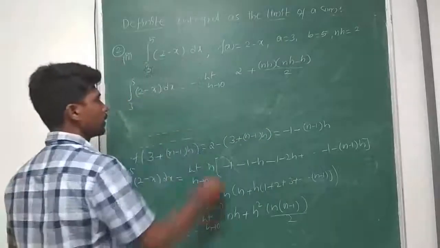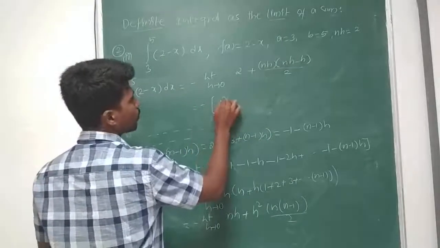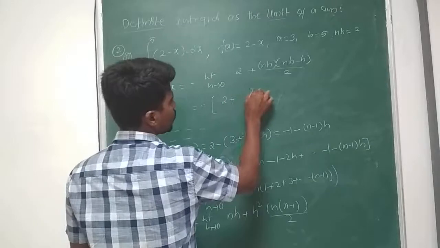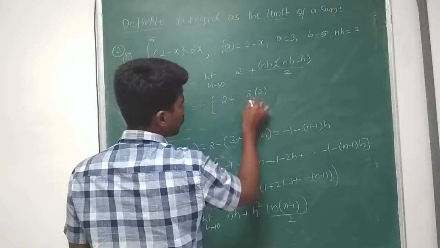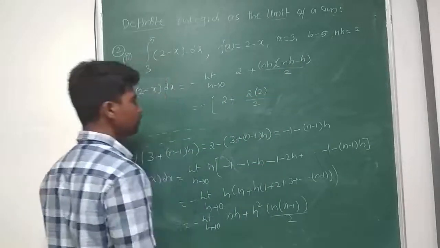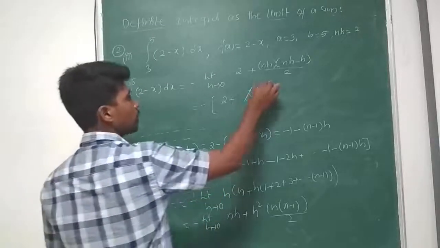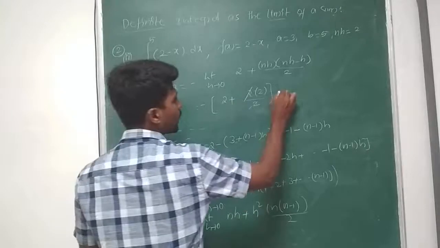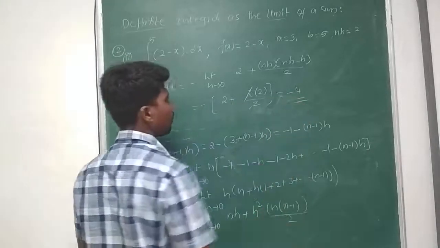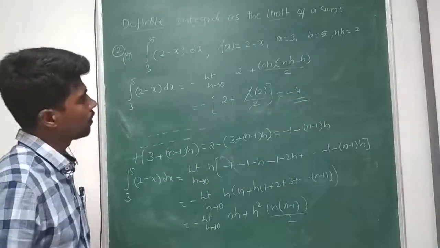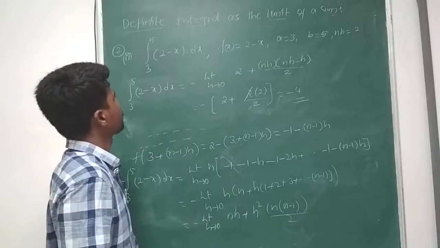So now evaluate: minus of 2 plus 2 into 2 minus 0, 2 by 2. 2 and 2 get cancelled. 2 plus 2 is 4, 4 into minus, so minus 4. What is our answer? Our answer is minus 4.